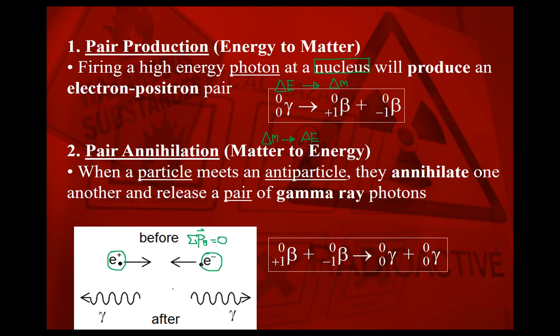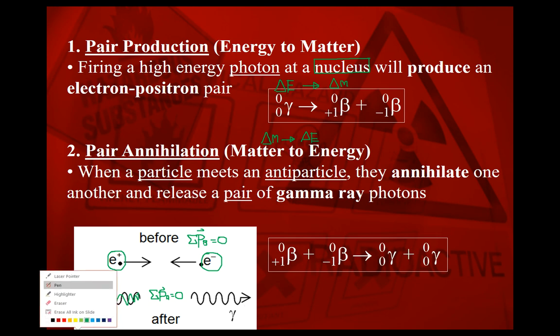Momentum is something that is conserved during a nuclear reaction, which means that the net momentum after should also be equal to 0. Now, if you just got rid of one of the gamma rays, let's say that this gamma ray didn't exist, then you would have no momentum before, and you'd have momentum towards the right after. So that defies conservation of momentum because you're actually gaining momentum in a particular direction.